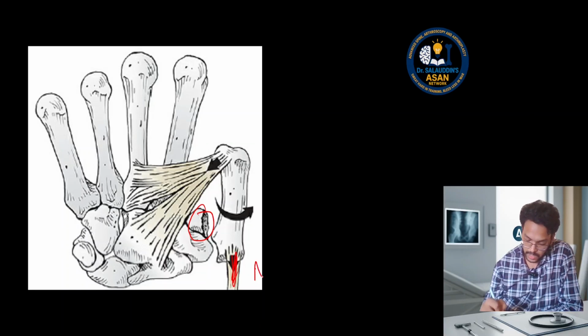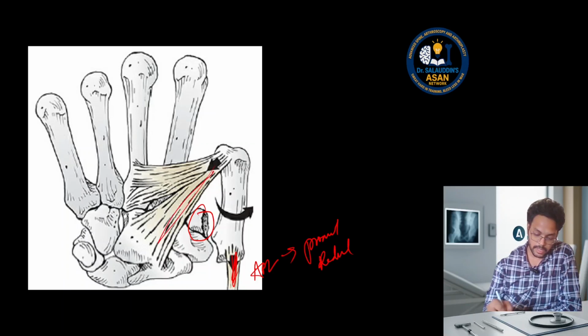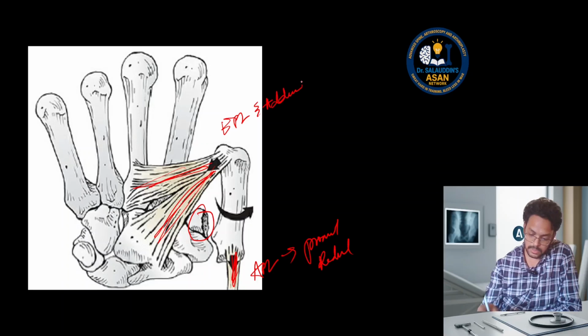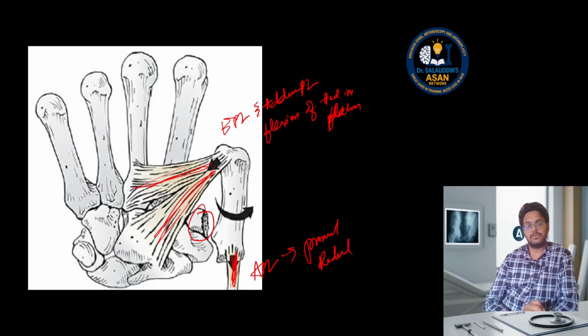This is the APL muscle causing proximal displacement, radial displacement of the distal fragment, and the EPL and the adductor pollicis will cause flexion of the head into the palm. Okay, so this will cause flexion, with the head of the metacarpal going into the palm.